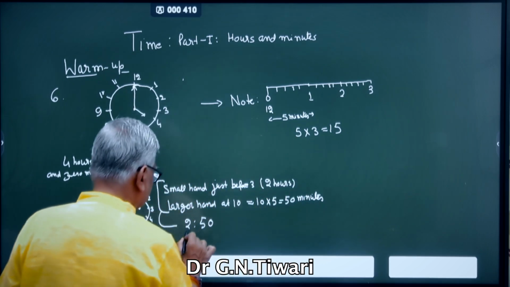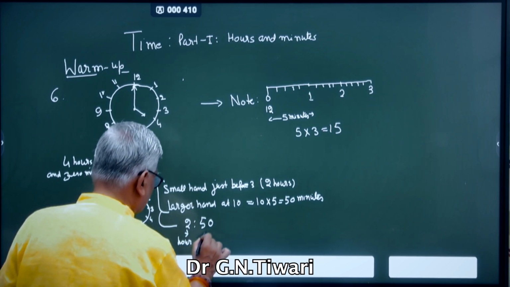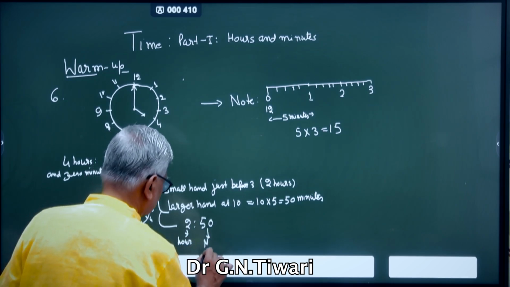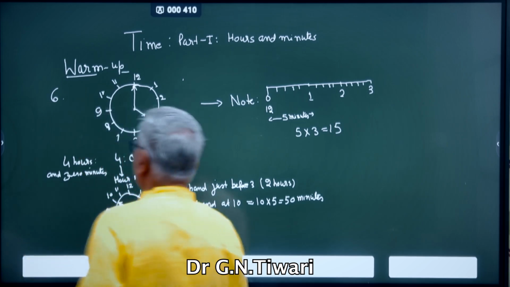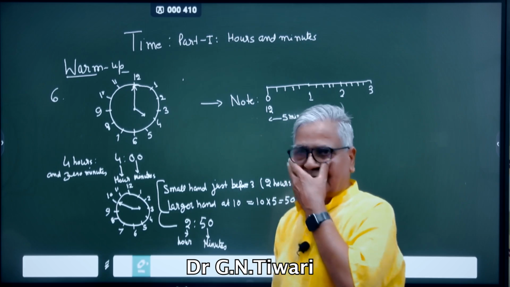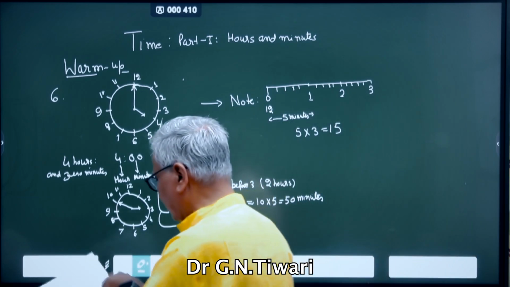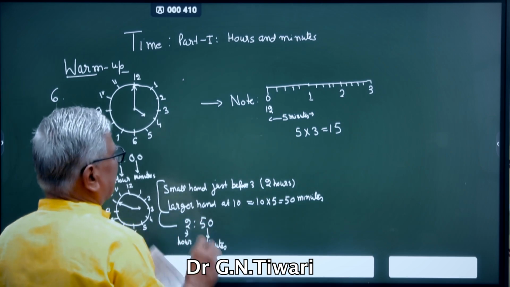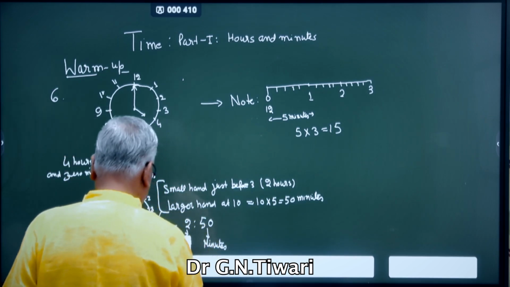So it can be written as here the hour and this is minutes. Generally, when people ask, it is an approximate time one has to tell. Now, I will give some examples so it will be better understood.